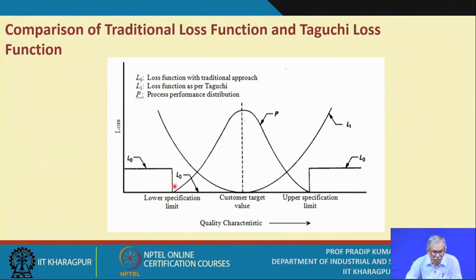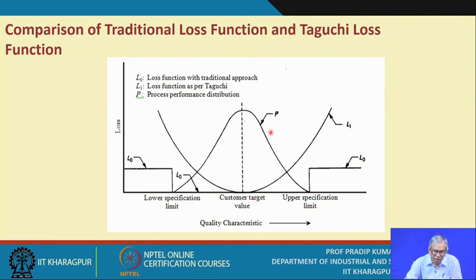And what you find is that this is your performance. That means suppose you have produced some 10,000 units and you get a distribution of 10,000 units. Unit to unit there is a variation, and this variation is due to some random causes, not assignable causes. So you will have this distribution.